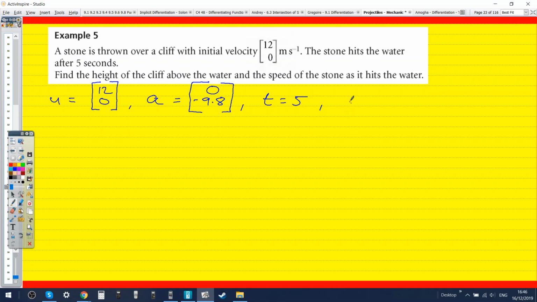Because we use s equals ut plus a half at squared.